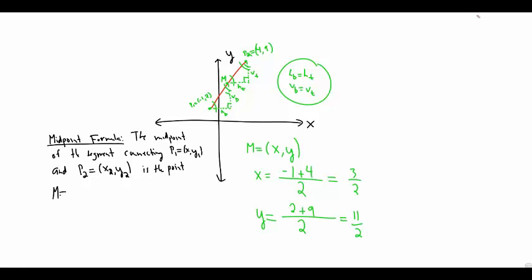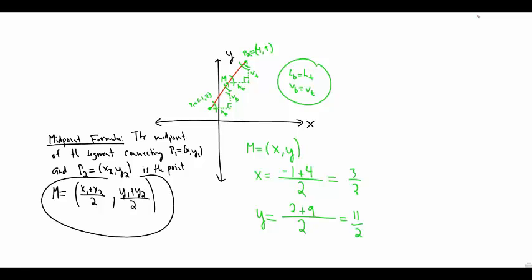The midpoint, the segment that connects them will be the point whose x-coordinate is the average of the individual x-coordinates, and whose y-coordinate is the average of the individual y-coordinates, just like that. We see that this algebraic definition is exactly the geometric definition.